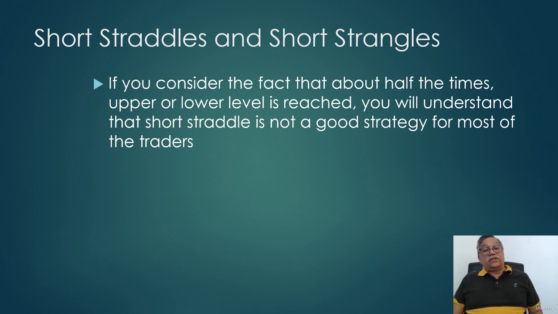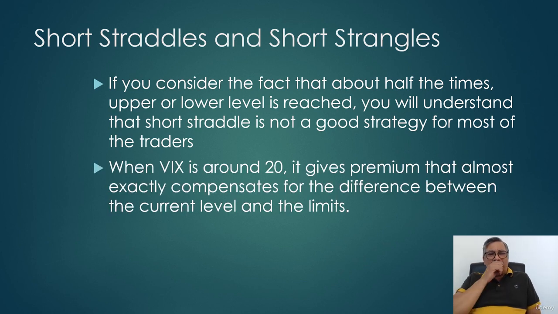About half the time the upper or lower level is reached, but very rarely is it crossed. So short straddle is not a very good strategy because most of the time, by the time it reaches the limits, you are already in loss. So short straddle is not very advisable. Short strangle you can do. When VIX is around 20, it gives a premium that almost exactly compensates the difference between the current level and the limits.